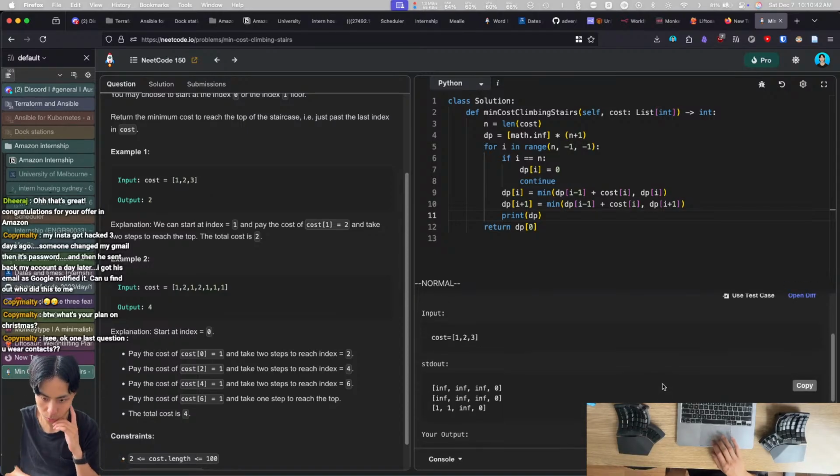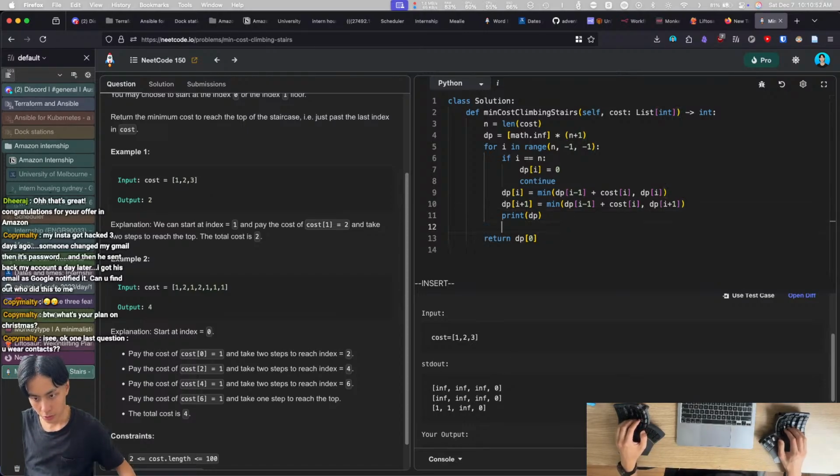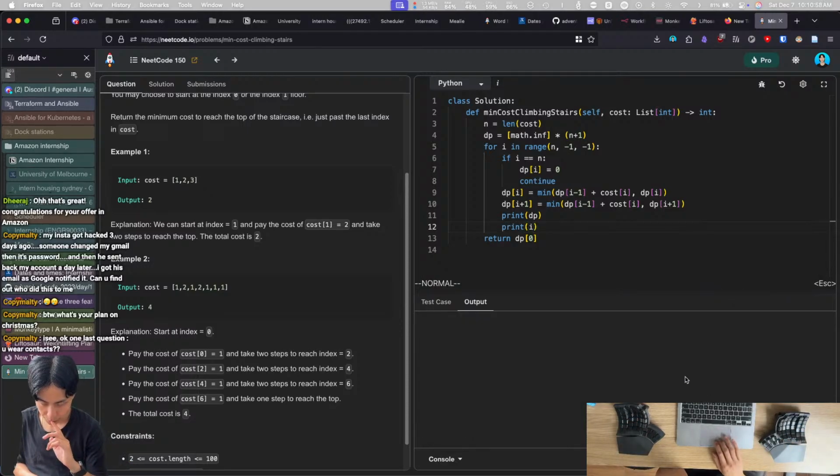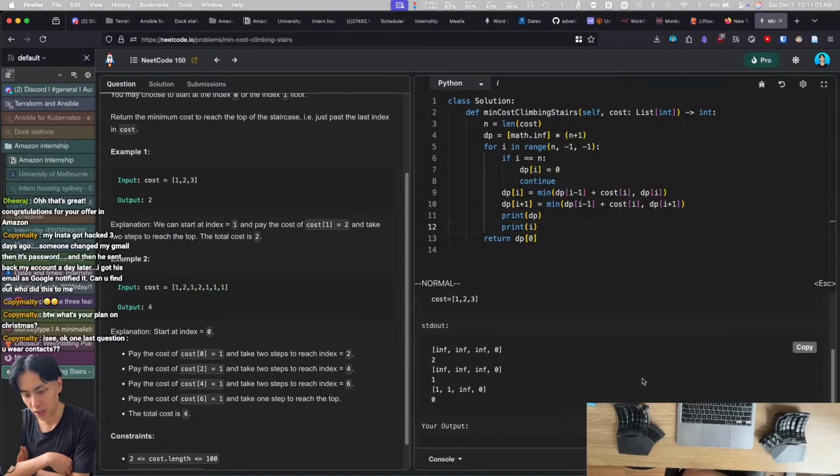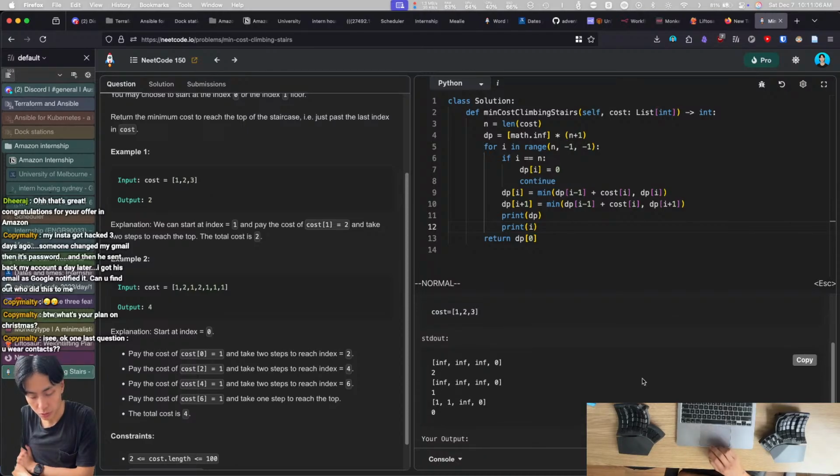Okay, here's the problem. I'm just going to print i as well. So we start from 2, 1, 0.